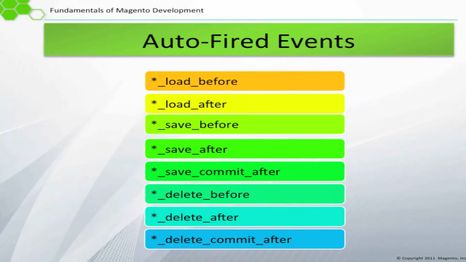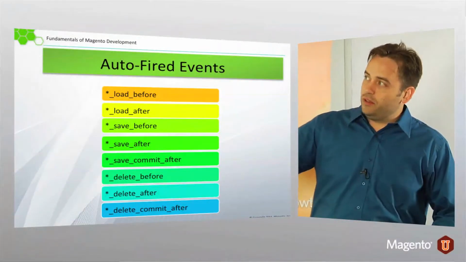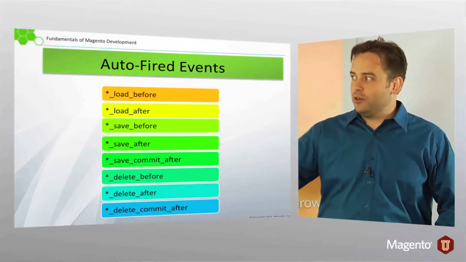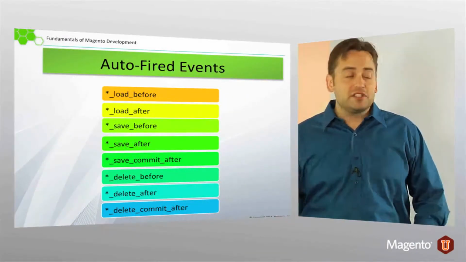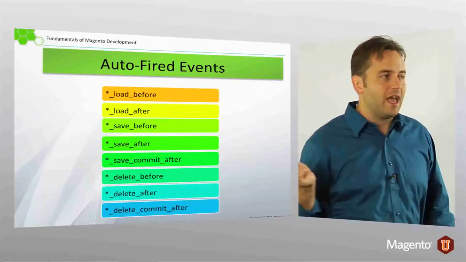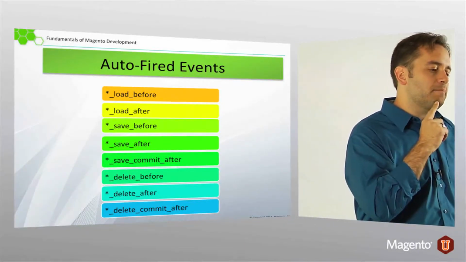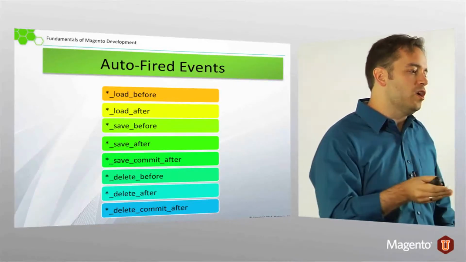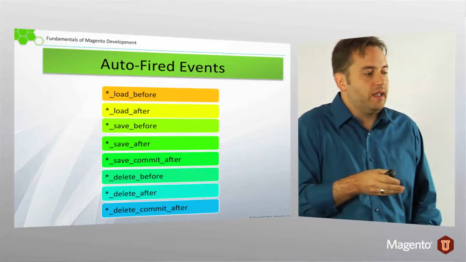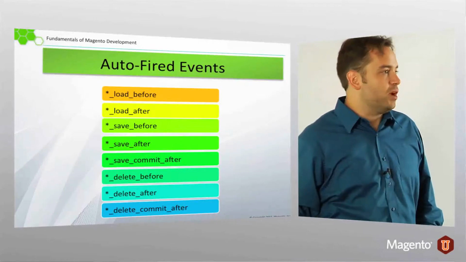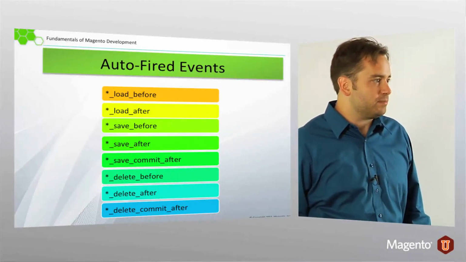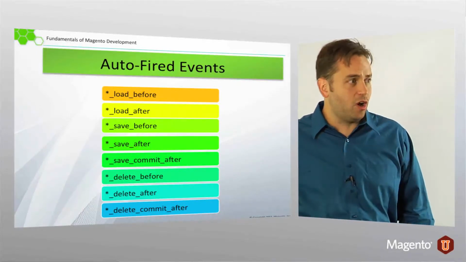Here's a list. So, for example, if I have identified my string as Ben_first, and I have this model, Ben_first, it would be Ben_first_load_before, Ben_first_load_after, Ben_first_save_before. Basically, all this means is that without having to go in and create all of this, I can know that just because, for example, my model extends from the base models in Magento, from the abstract, I have access to all of these events.